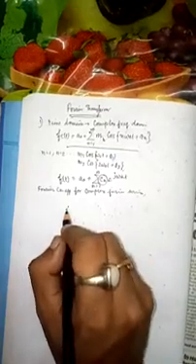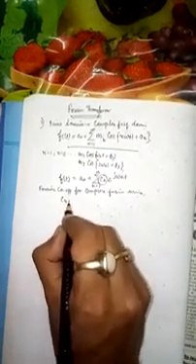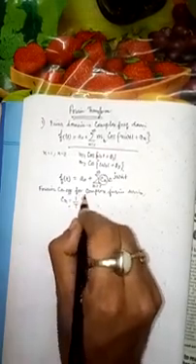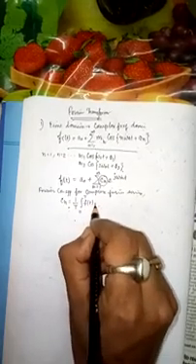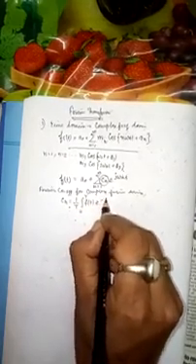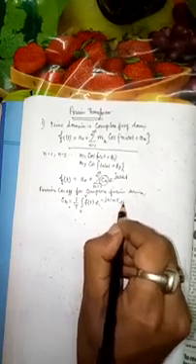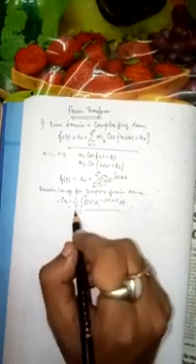Now, what is the value of Cn? How do we evaluate Cn? Cn equals 1 by T integration 0 to T f of t e to the power minus j omega n t dt. This is the formula for deriving Cn.